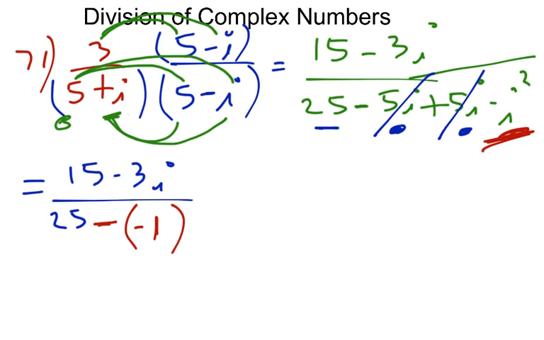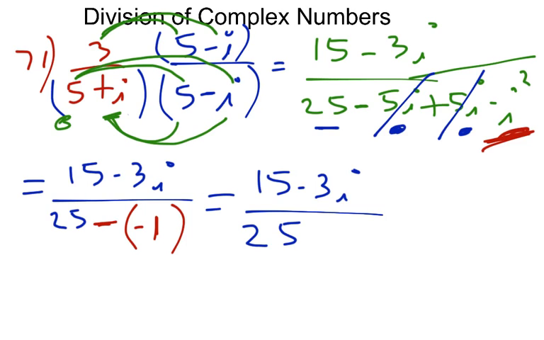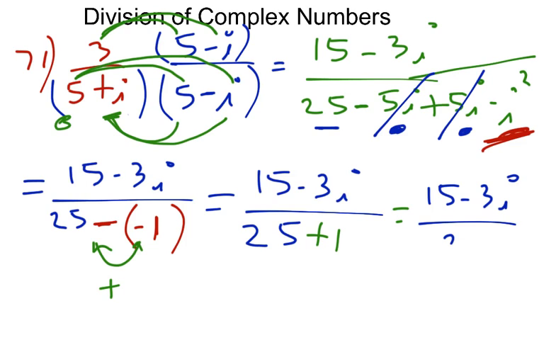Let's keep going here to the right. The top, nothing that I can do, stays the same: 15 minus 3i. The bottom, I have 25. Negative and negative turns into positive, so I have plus 1. 25 plus 1 is 26.